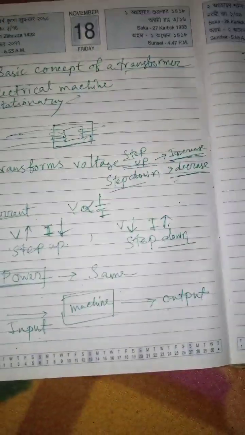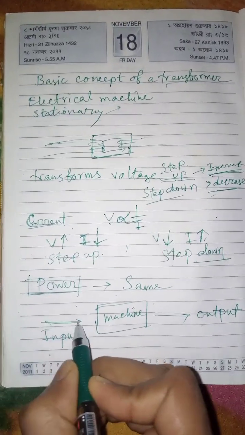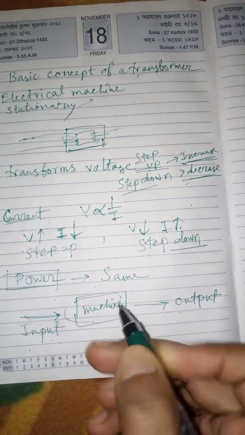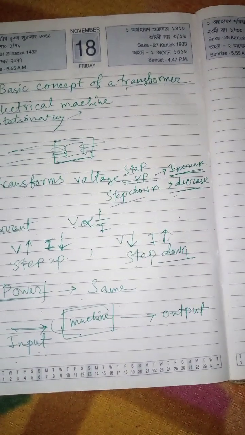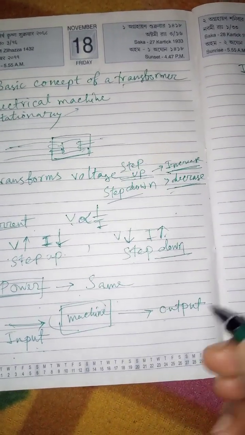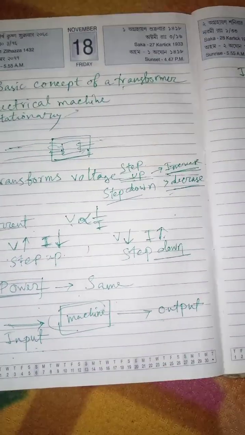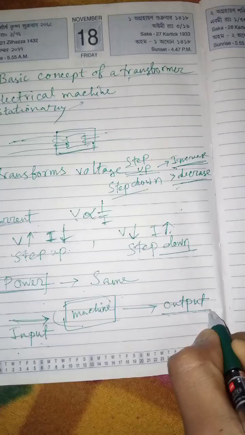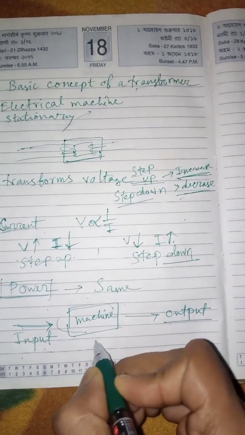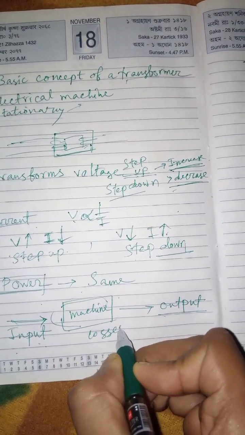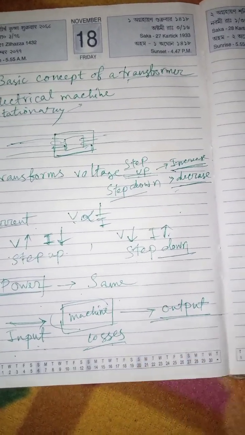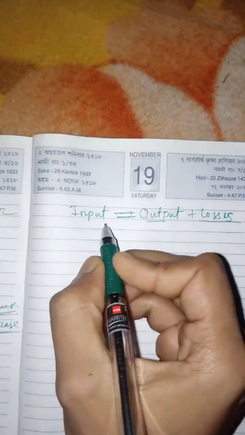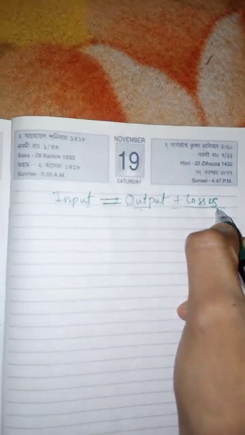If you give input in a machine, it will make some losses. Every machine will have some losses. After the losses, you will have the output. So input is equal to output plus losses.